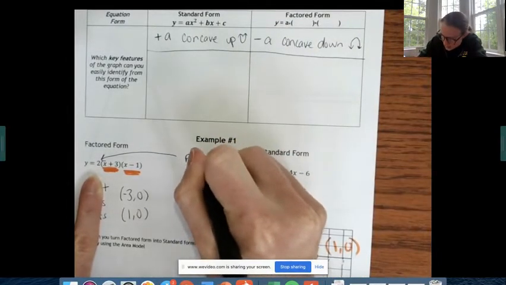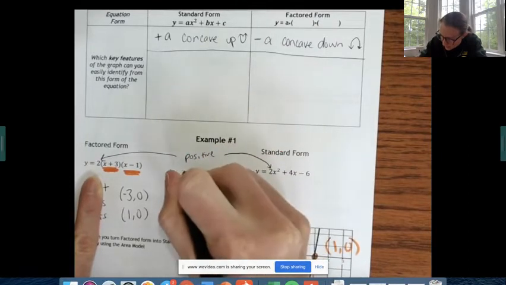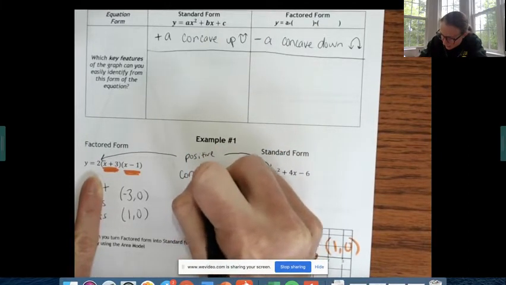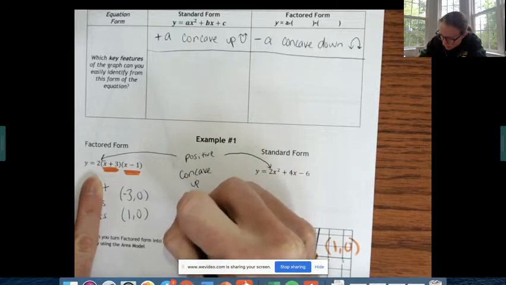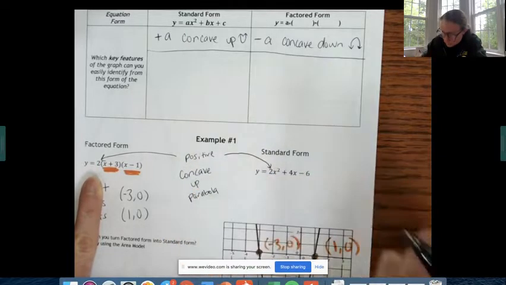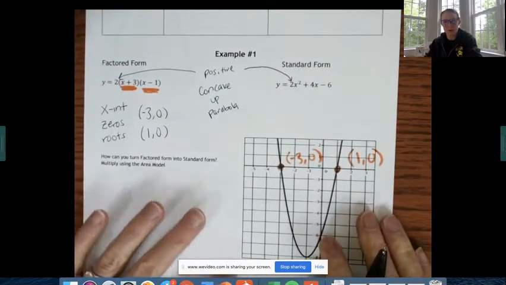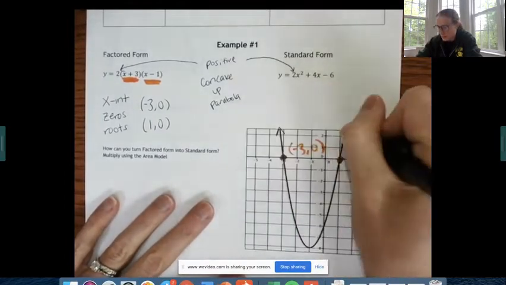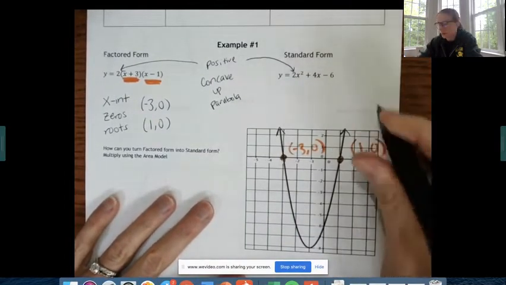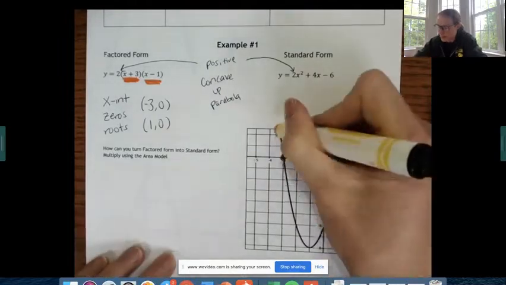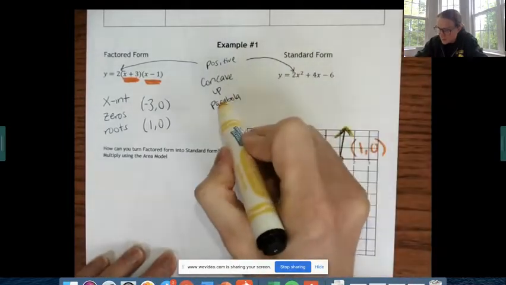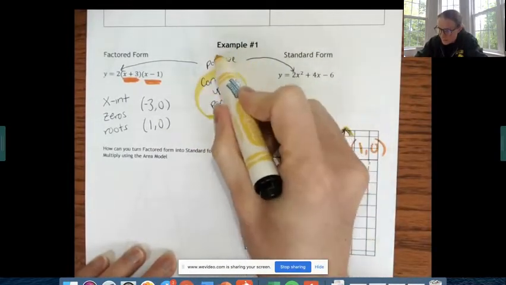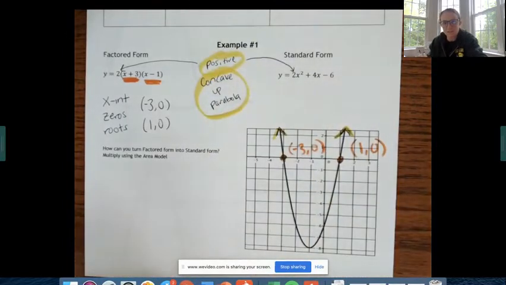So since it's positive, it's going to be a concave up parabola. All right, so that's why this one, both ends are going up. It is concave up because that a value is positive.